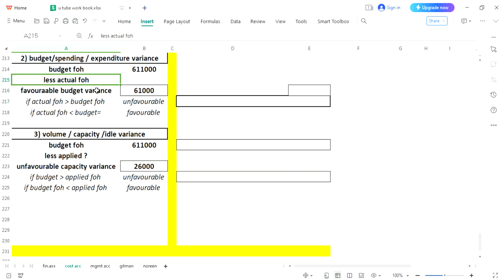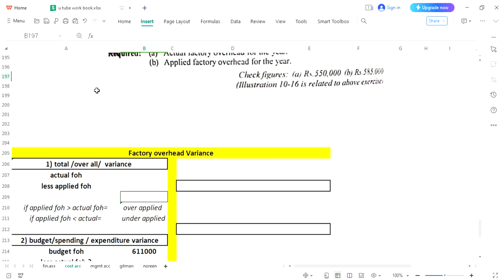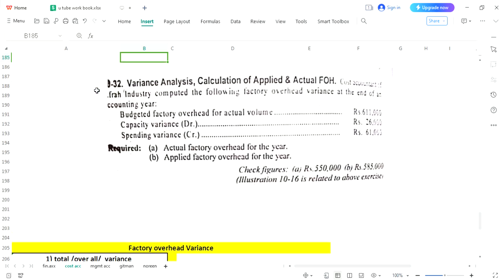Now the same thing is happening over here as well. Without actual FH, they have given us the amount. So that is why I was calling it a short question, because you don't have to do anything. Capacity variance is already given. Now the requirement is very interesting: actual FH and applied FH.